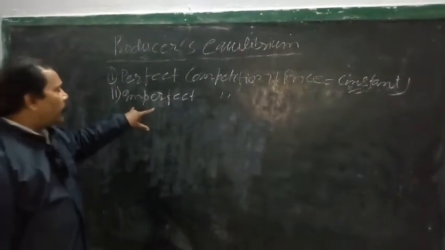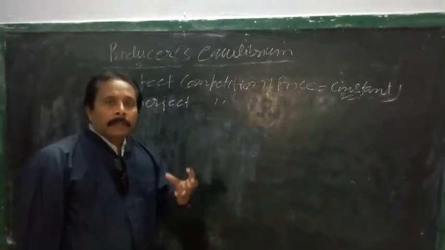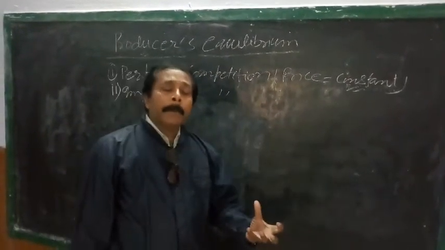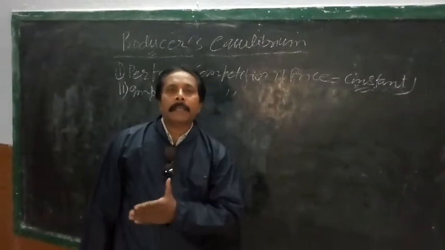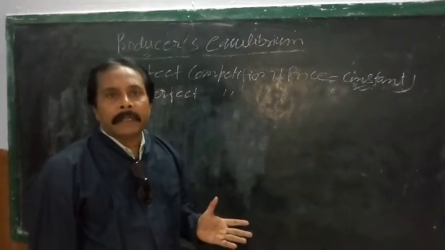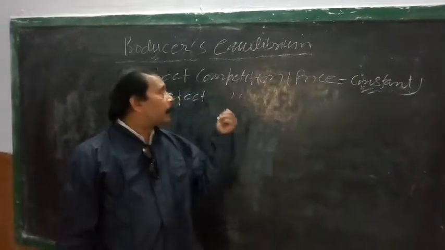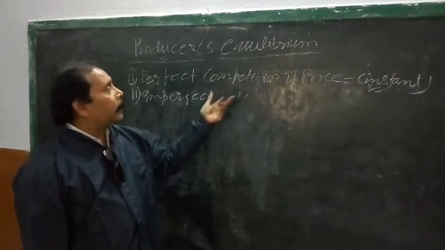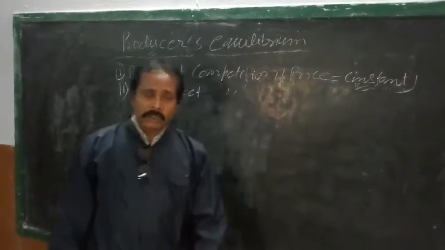So how does imperfect competition work? As you know, every producer produces a similar product, but their shape, size, color, design, packaging, everything is different. So here we find product differentiation, but in perfect competition the product is 100% homogeneous.